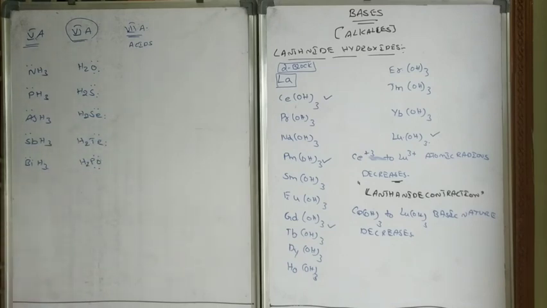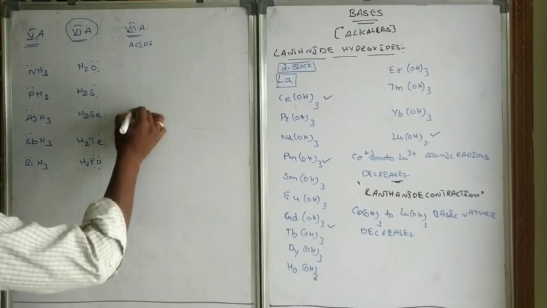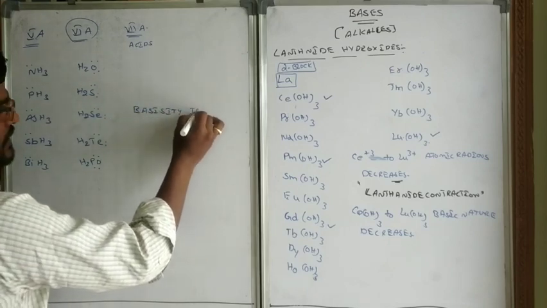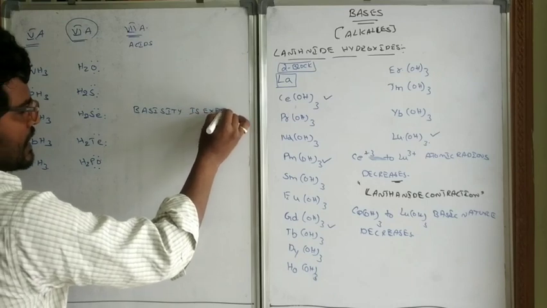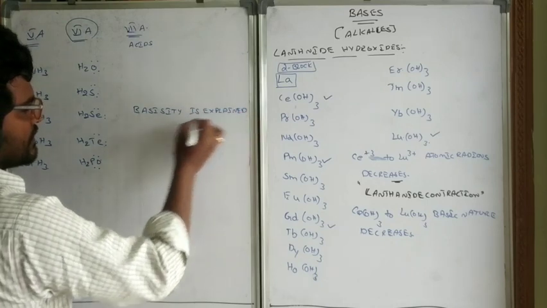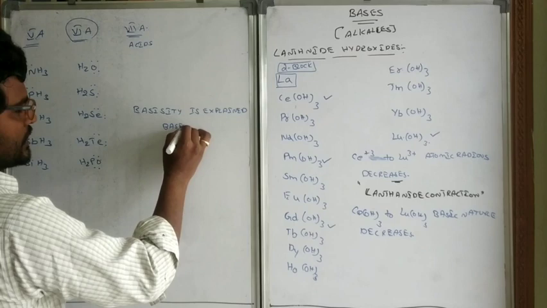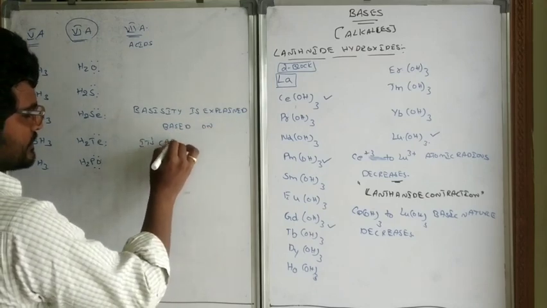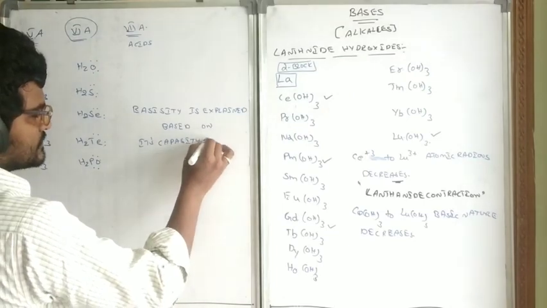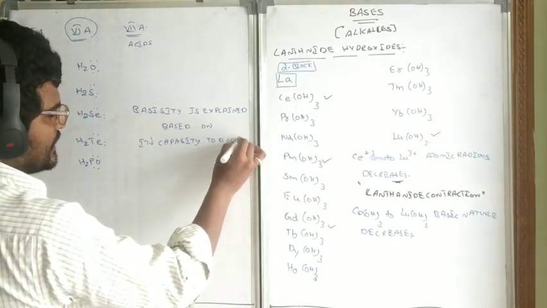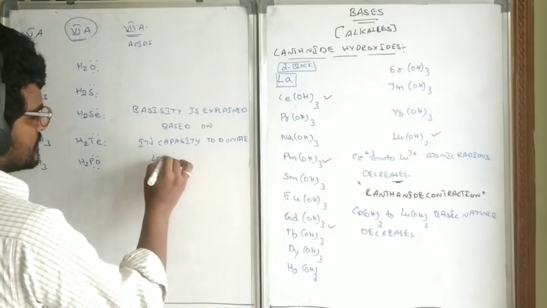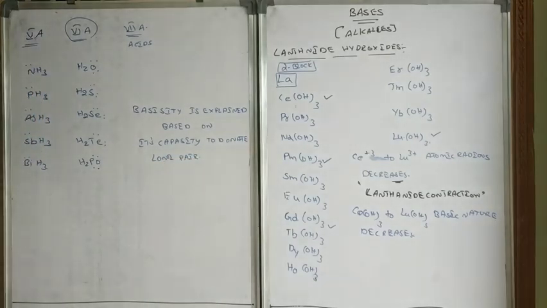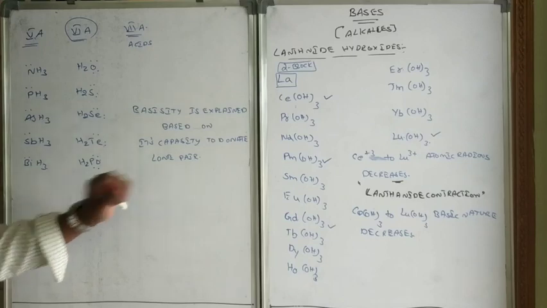In these bases, the basicity is explained based on its capacity to donate a lone pair.